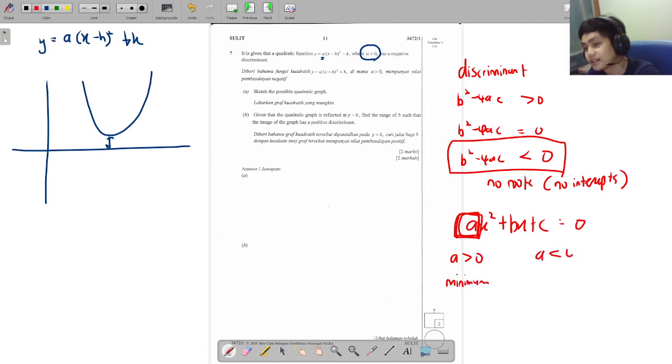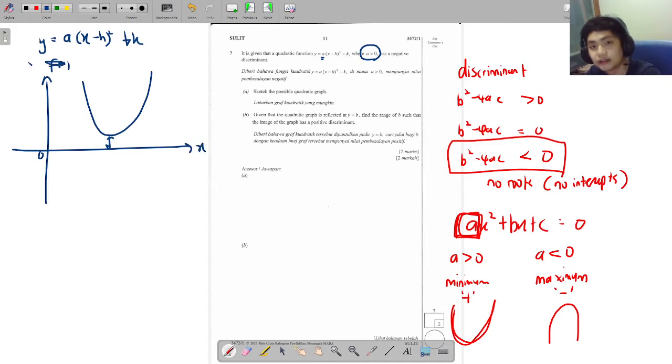Whereas a is less than 0, which is negative, we consider it as a maximum graph. So an easy way to remember it is that positive is happy, so we have a smiley face here, U-shaped, and negative is sad, so we take it as an N-shaped graph. So this is our rough sketch. That's about it. It's only 1 mark, so we don't need to be too keen on the details. Probably just like that.